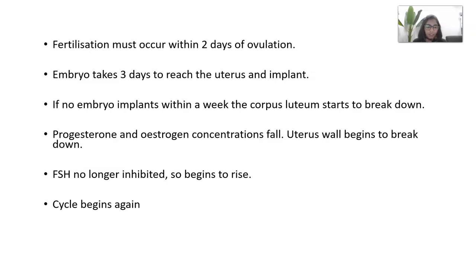Because of that falling concentration of estrogen and progesterone, the uterus will start to break down the endometrial lining, which is shed. So at that point, because there are low concentrations of progesterone and estrogen, FSH is no longer inhibited, and that will start to rise again.